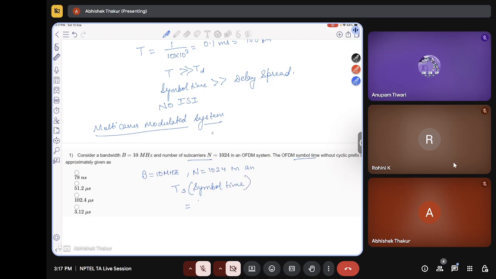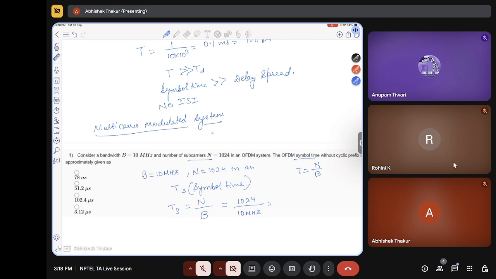Symbol time will be N divided by B, because T is 1 by B, and here there are N subcarriers, so it will be N by B. In this case, N is 1024 and B is 10 megahertz.